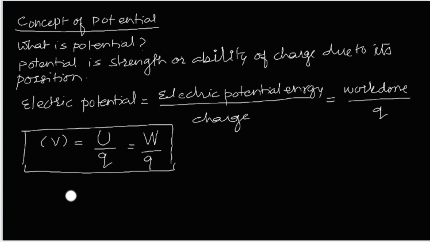Electric potential difference between any 2 points in an electric field can be written as follows. Suppose this is the Q charge we are taking, and near it, in its electric field, we take another charge, Q0.